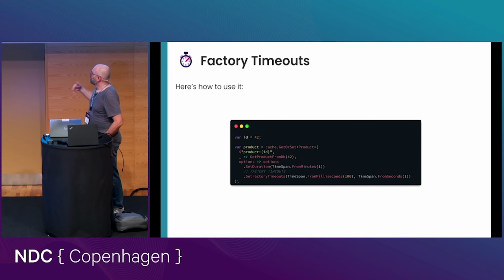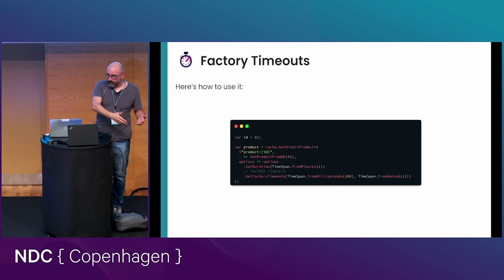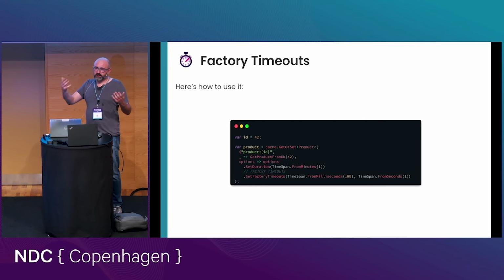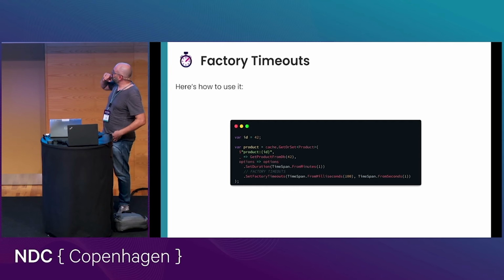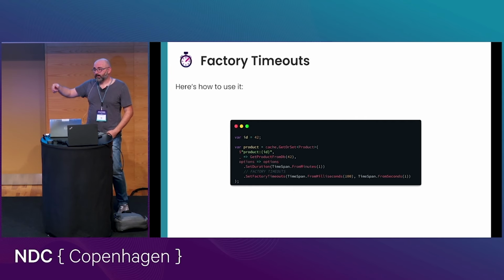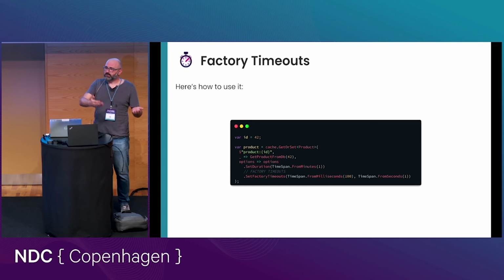To use it, something like before, dot set factory timeouts, and we can specify 2 timeouts. These are 2, by the way, because we can specify 1 timeout for when we have a value to fall back to, which is usually the ideal situation if there is a problem with the database. But also, we can specify a different timeout, which is usually longer, for when we do not have a value to use as a fallback.